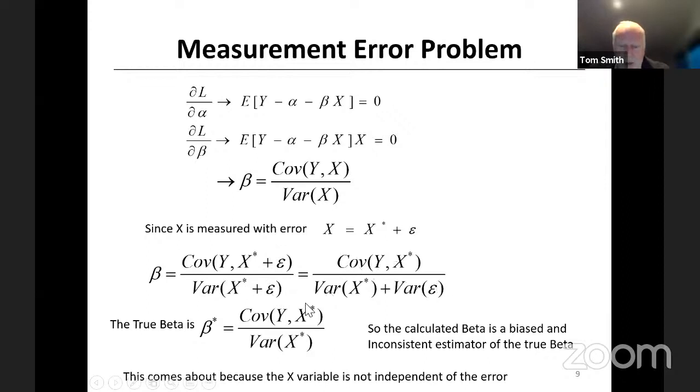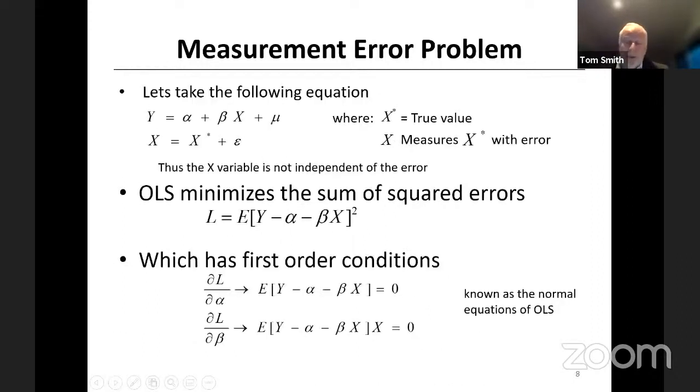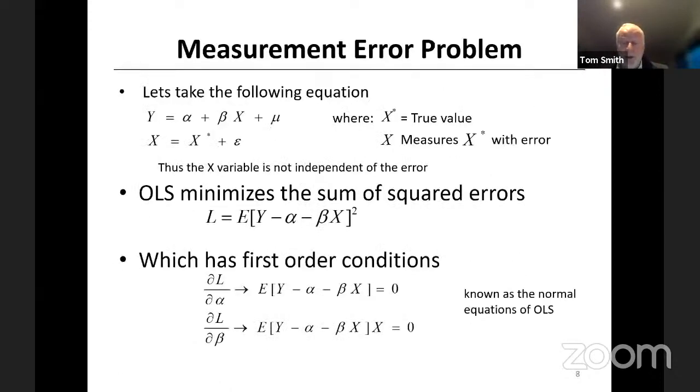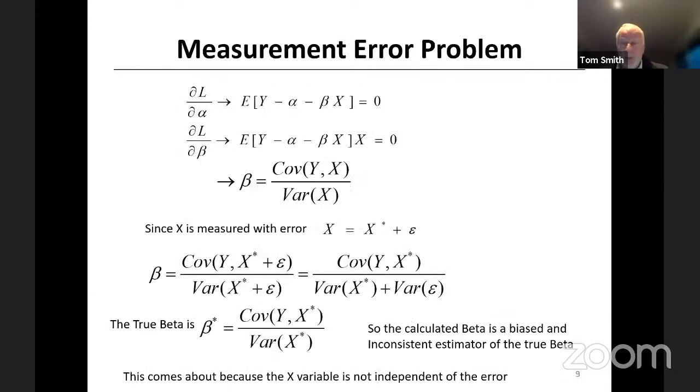But what I get is a biased estimate of the true beta, because I have this extra term on the denominator. And really that comes about because the x variable is not independent of the error. So that's a little bit of revision for you about measurement error.